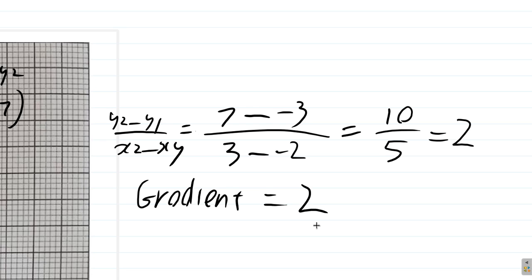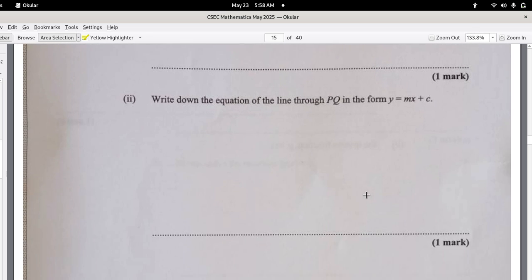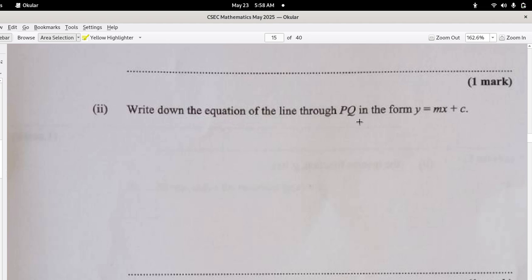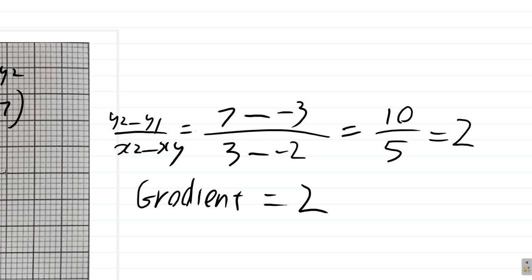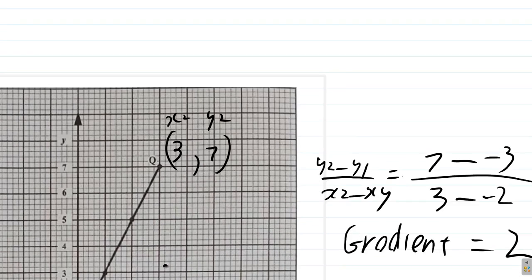Now, what else do they want? Let's find the gradient, 1 mark. Write down the equation of the line PQ in the form y equals mx plus c. Alright, so let us see. Let's just erase these things before we do that.